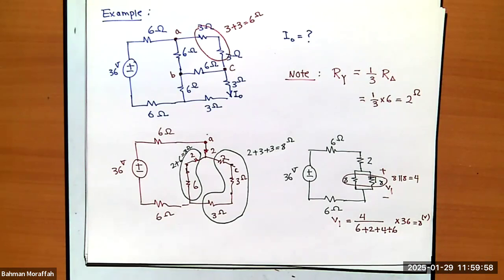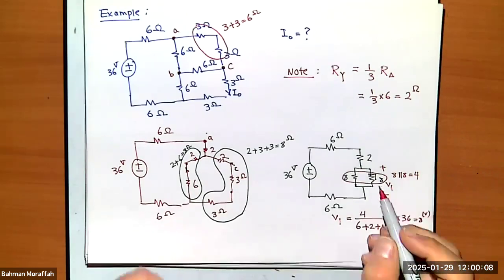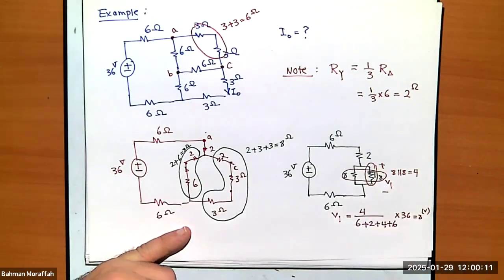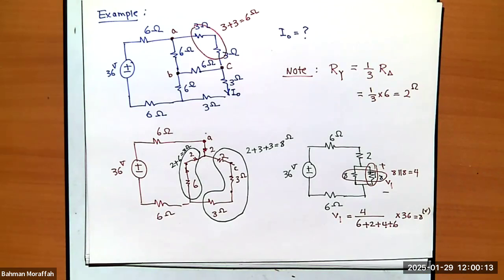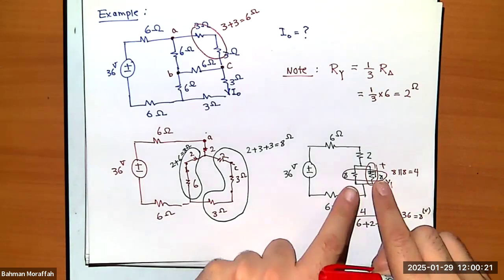I know V1 is 8 volts, and V1 is voltage across the 4 ohms resistance, which is 8 and 8 in parallel. What is voltage across this 8? It's exactly 8. Why? Because these two are in parallel.